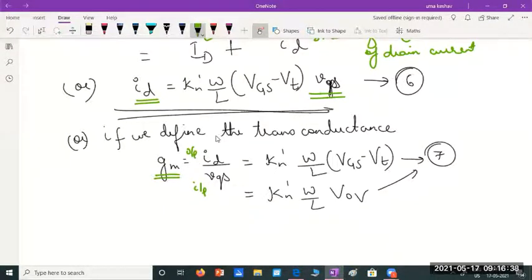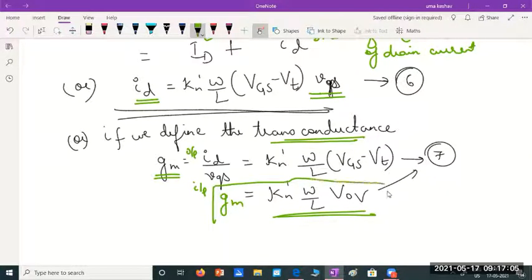So because of this transfer between input and output, we call it transfer conductance, or in short, transconductance. Okay. So I take the ratio, what is left here, Kn dash W by L, VGS minus VT, which is given as Kn dash W by L, VOV. So this is the expression for finding GM in a small signal analysis or an amplifier circuit.